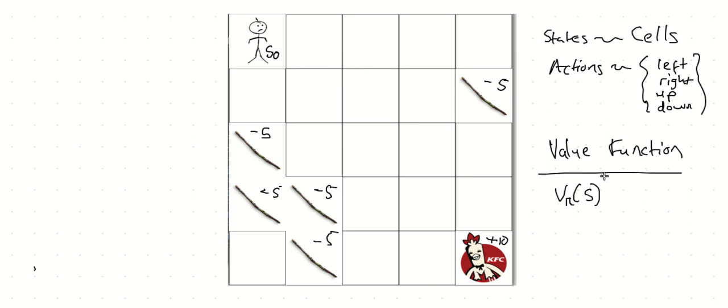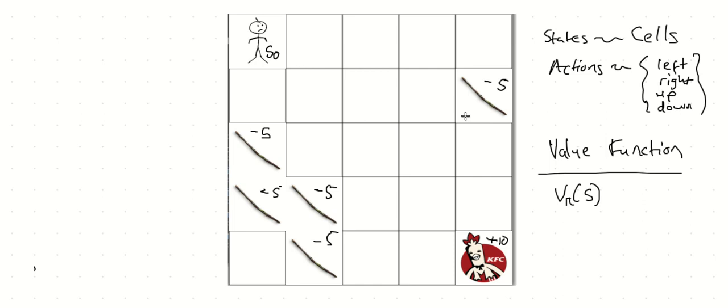So now that we know what the value function is, one of the reasons we actually compute this function is so that it can actually help us find better policies. So let's say someone gives you a policy, and the policy is like always move right. That's the policy, right?